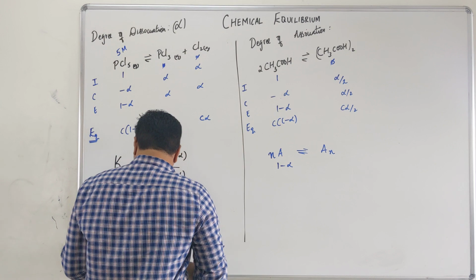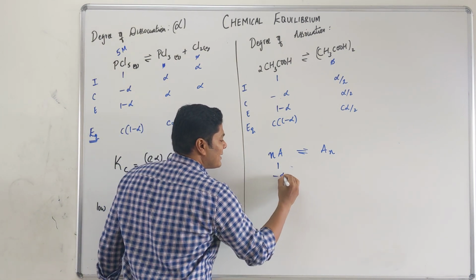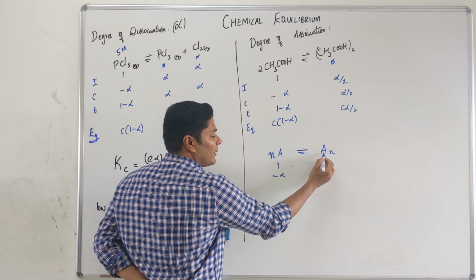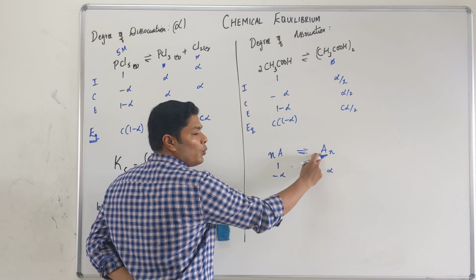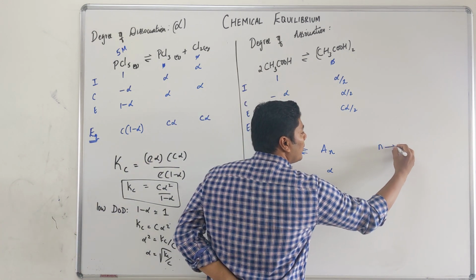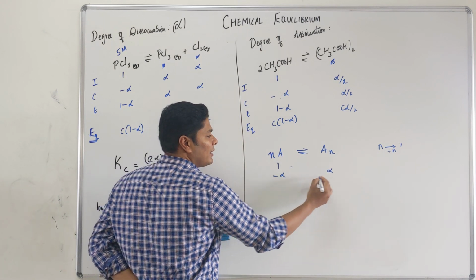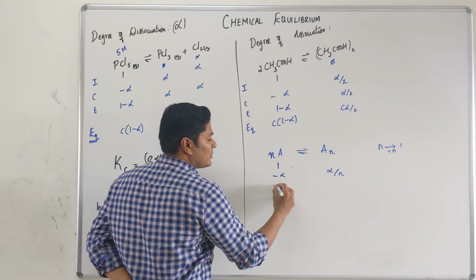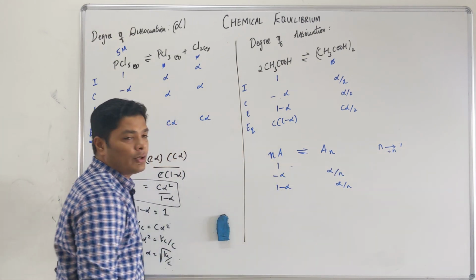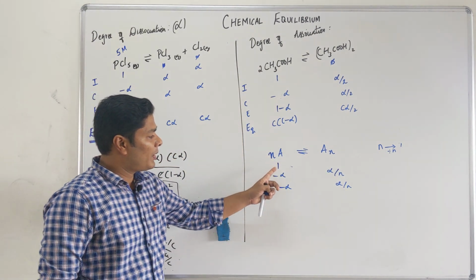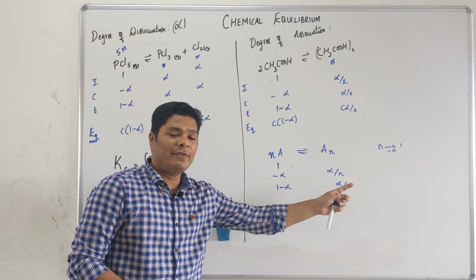Okay, maybe I'll just do one more time, stepwise. 1 minus alpha. n gives you 1, so alpha will give you... How do you go from n to 1? Divide by n, then n divided by n is 1. So alpha will give you alpha by n. So 1 minus alpha, alpha by n. Then you can multiply by C. If you want a trimer, then 3: 1 minus alpha, alpha by 3.